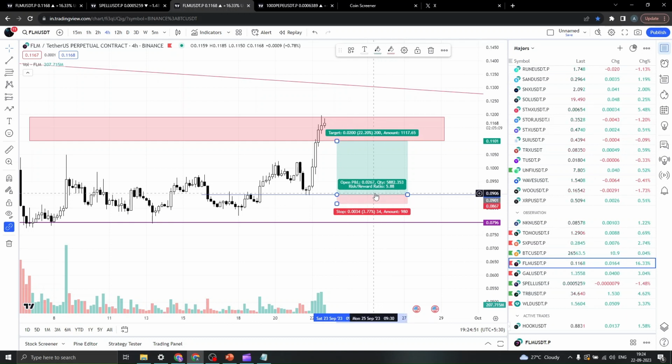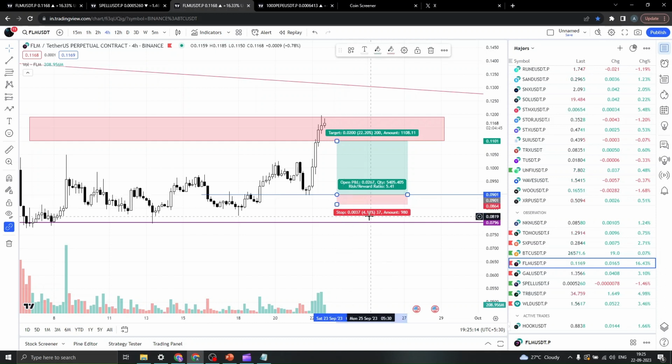Now assume I am entering with a position size of $100. So my stop is 3.75% away. Let's change it to 4% for the sake of easy calculation. Let's say my stop loss is somewhere around here.